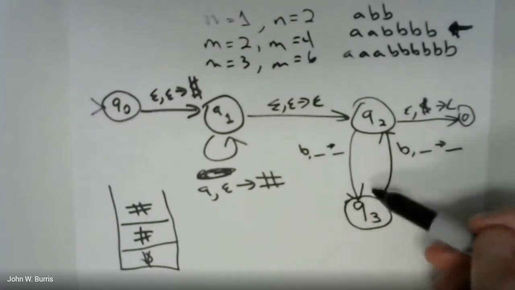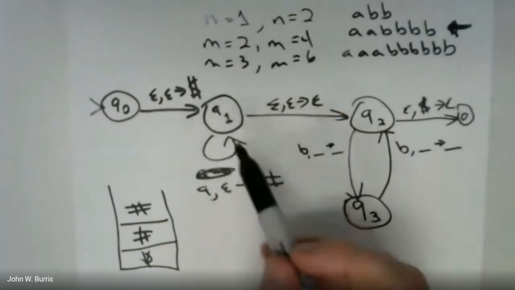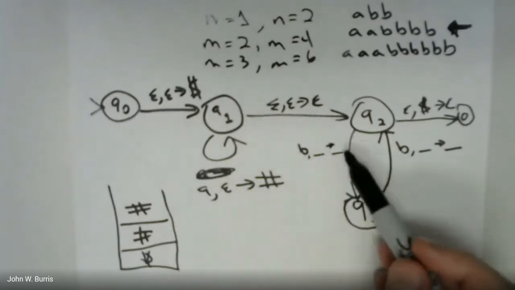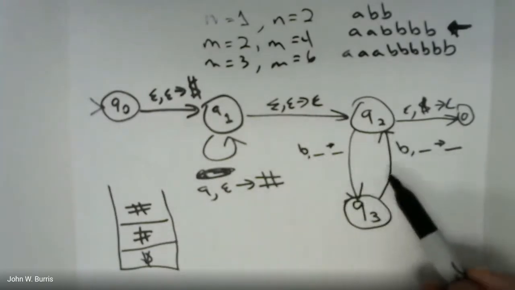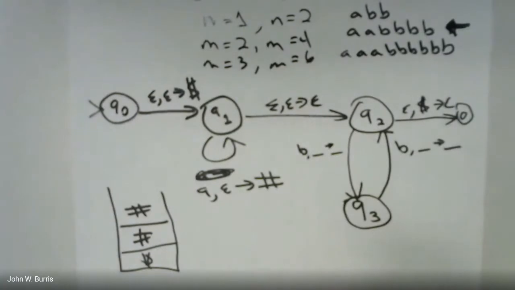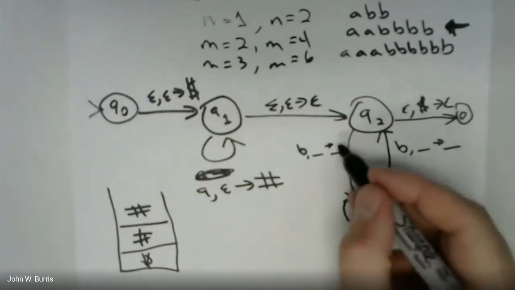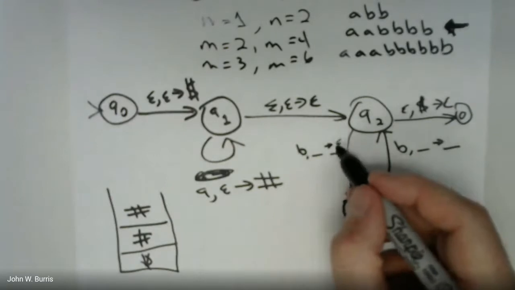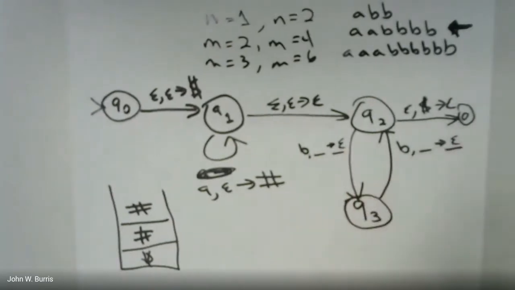How can we use this loop to say for every A that we read, we push on a hash, and for every 2 B's, we pop a hash? But we aren't going to need to push anything. I don't think we need to do that, so let's just put empty strings here.